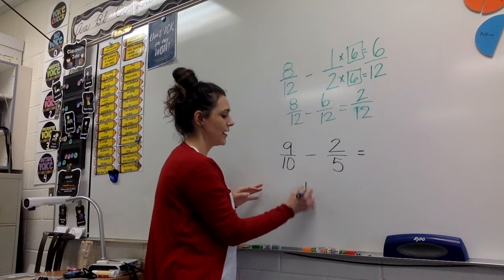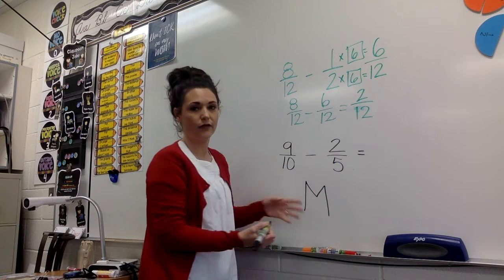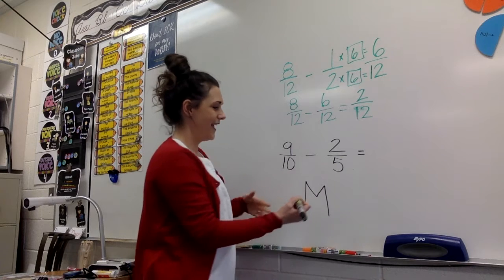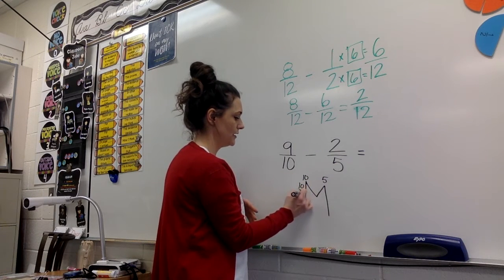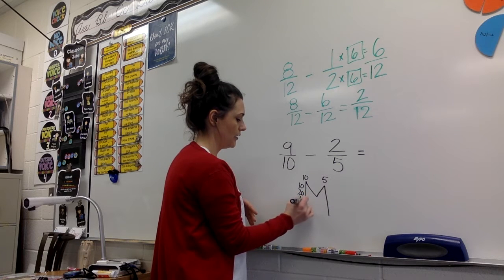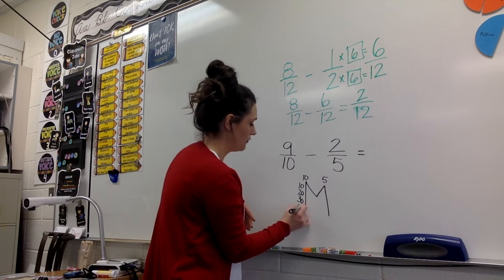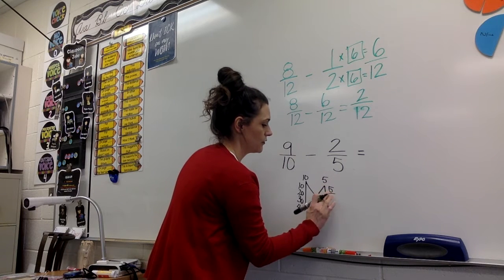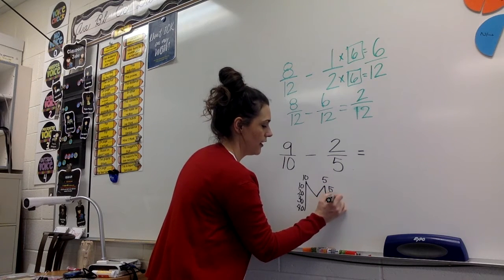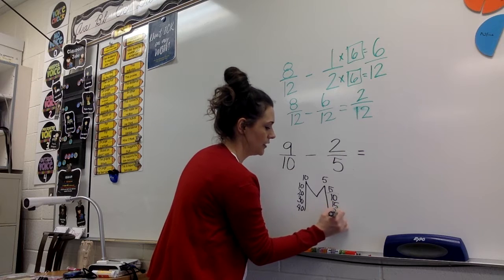Well, I could use my Mighty Mountain trick of having mighty multiples and think, okay, I've got 10, 20, 30, I'm skip counting, right? 40. And then I can go 5, 10, 15, 20.